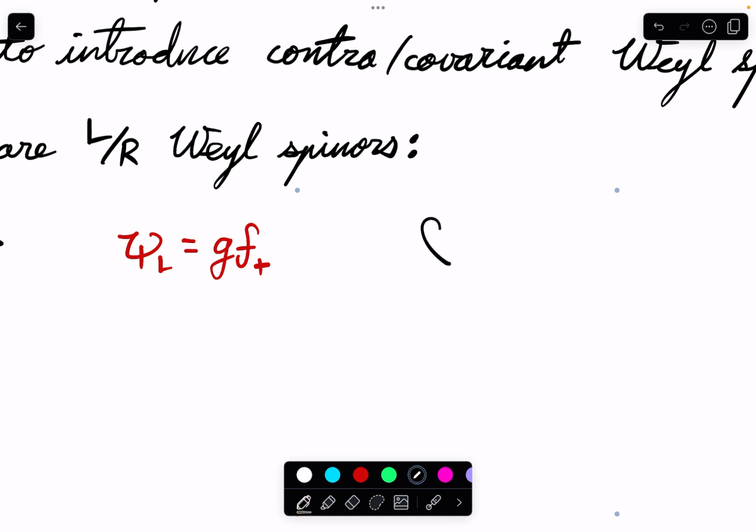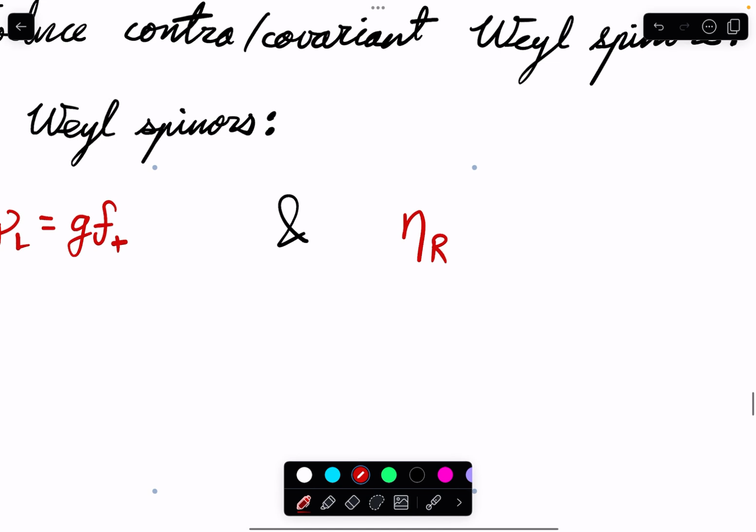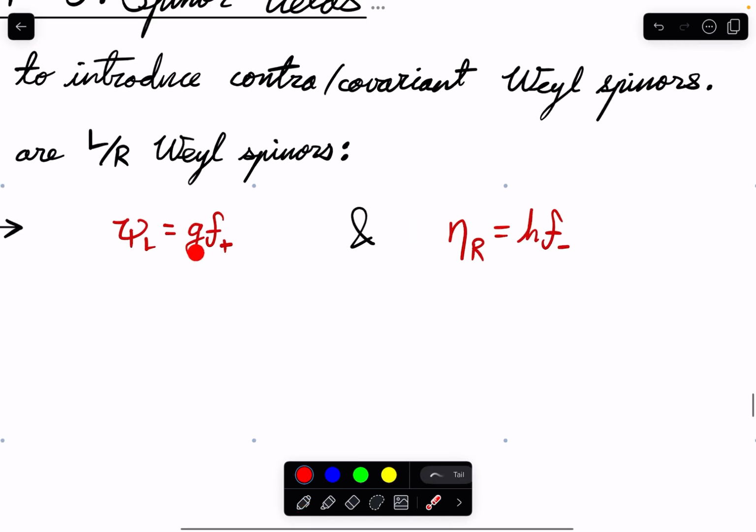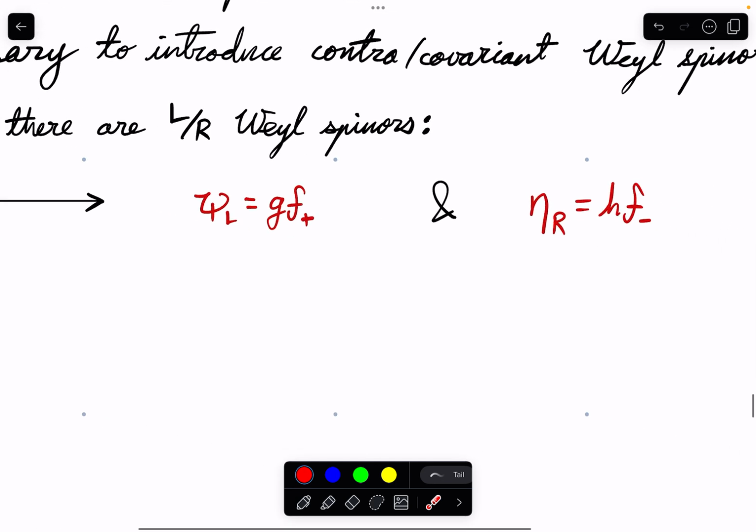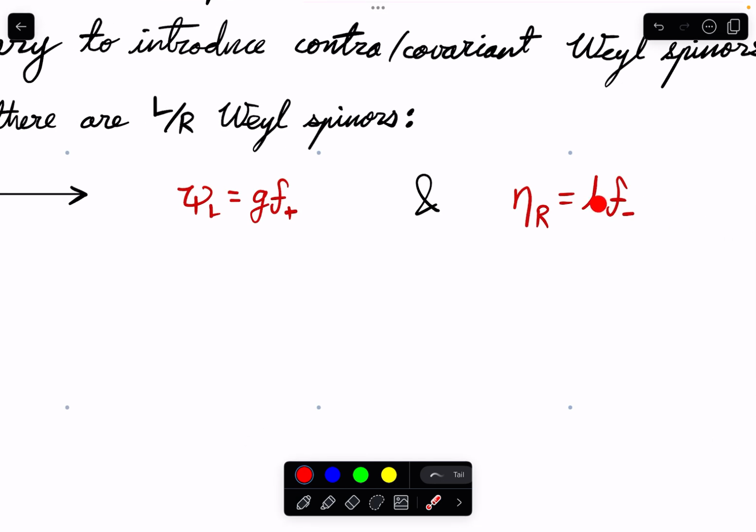And we can define a right Weyl spinor as so. The reason I chose different G and H is just so that you know that the coefficients of these spinors are different. So these are different spinors, but this is a left-handed spinor and this is a right-handed spinor.